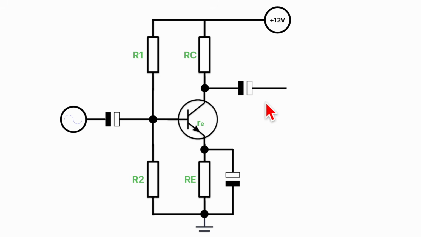What we are going to do in this video is concentrate on the DC biasing. What do I mean by that? All I mean is we are going to control the current levels that flow in this circuit, and we're also going to control the voltage levels at certain points in the circuit as well.